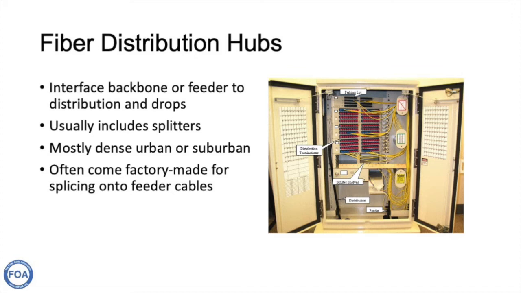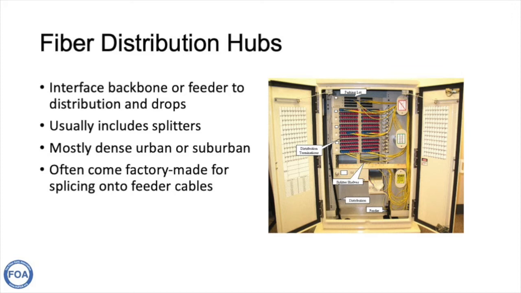What's new in fiber to the home is the use of splitters in the network. In an urban area, those splitters are often placed in large pedestals or cabinets on the street, where an incoming feeder cable is connected to a large patch panel and includes the splitters that are used to split out to the individual users.